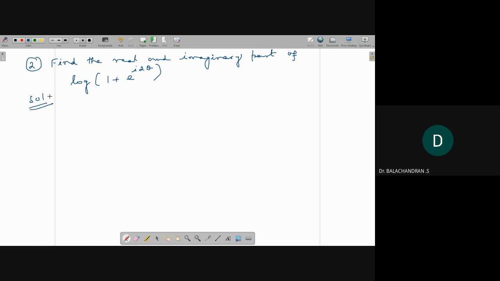Solution. So first you should write what is given in the question. Log of 1 plus e power i 2 theta. So this is log of 1 plus e power i 2 theta is cos 2 theta plus i sin 2 theta.